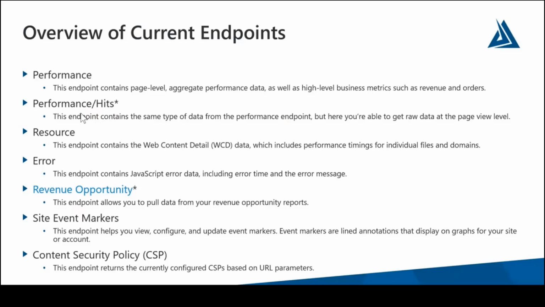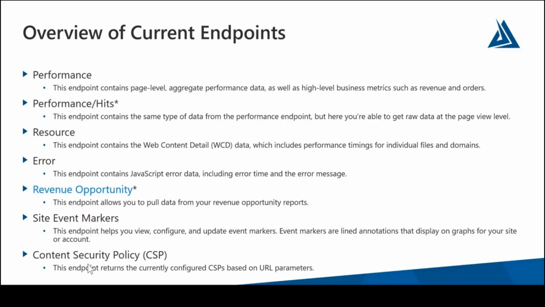I won't run through all of these endpoints. I will just mention that aside from the performance/hits endpoint, we have done a training session on each of these other endpoints. So if you're curious about how to pull data from our API, I'm sure that one of those trainings is going to help you out. Most recently, we talked about the content security policy endpoint.